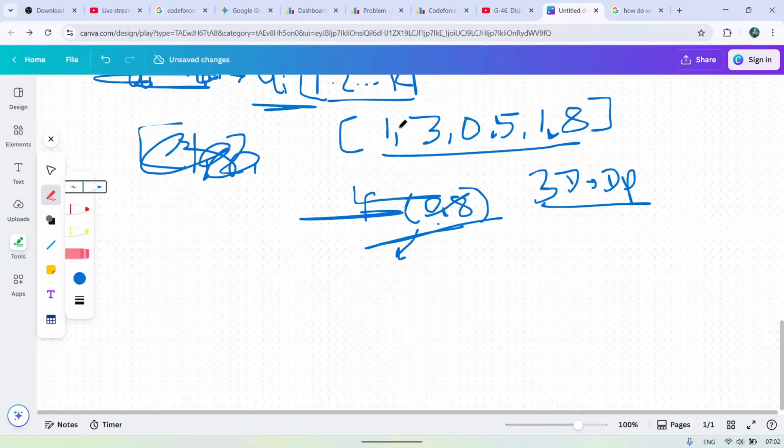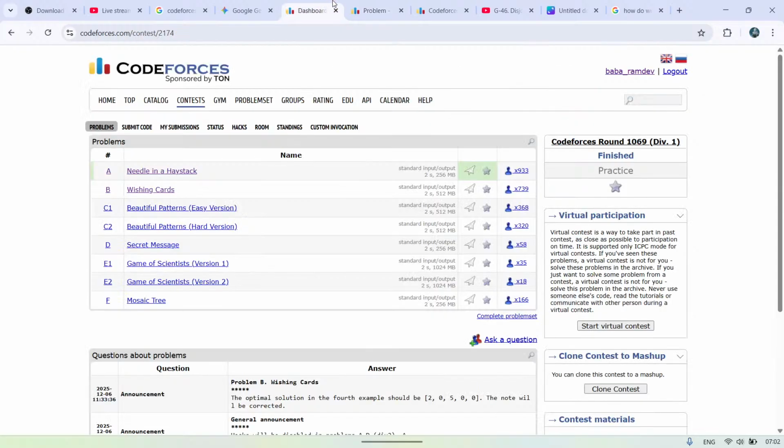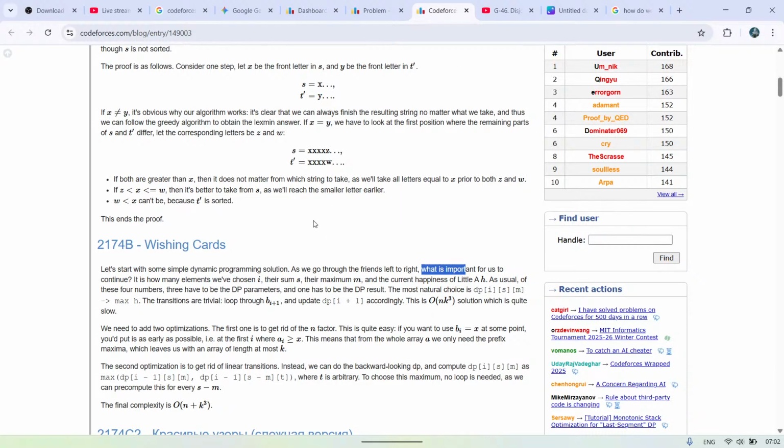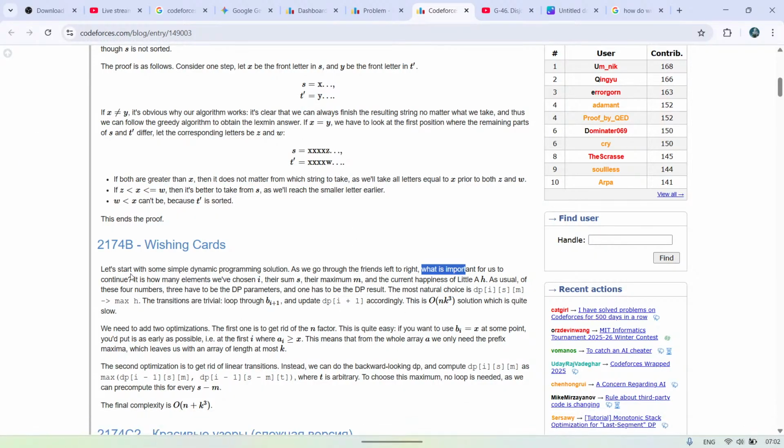And what it is saying is, it is how many elements we have chosen I, here some S, their maximum M, and the current happiness of little a, H.